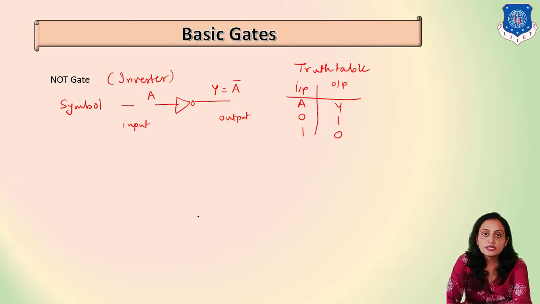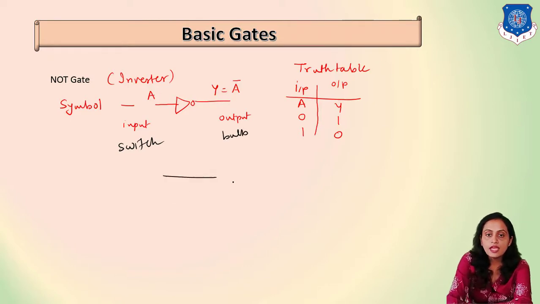Functionality of the NOT gate I will describe with the circuit diagram, and for that we will use the input as the switch and output is shown with a bulb. And for that the electronic circuit is drawn.